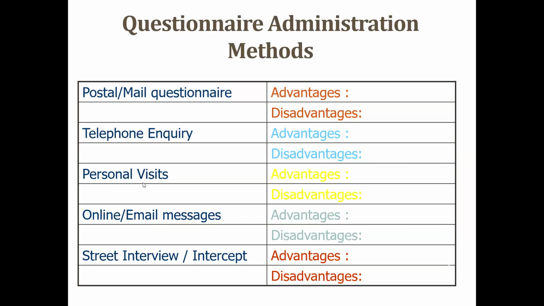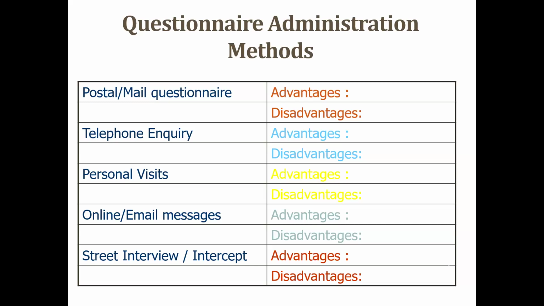So usually in this approach, you visit the organization or the individual who are the targets, and then you present the questionnaire to them. Sometimes, depending on how lengthy it is or how available the respondent is, you may wait to receive the completed questionnaire, or you may return at a later date to pick up the questionnaire.